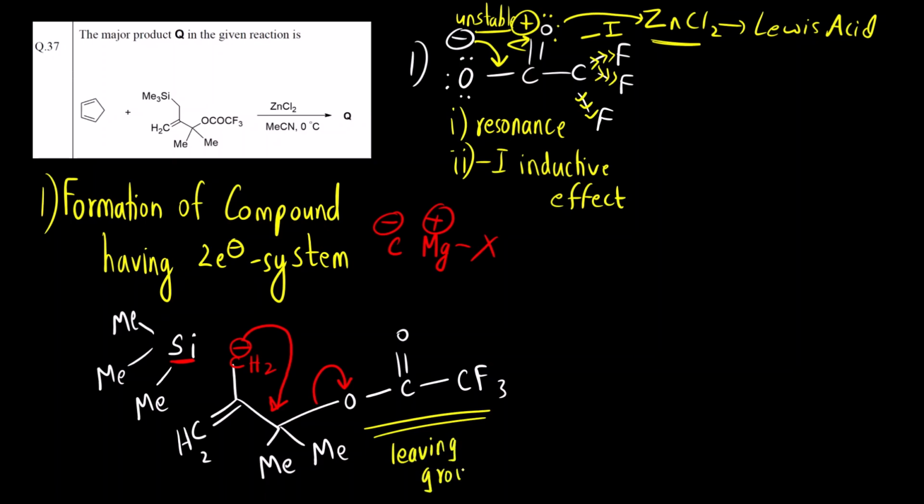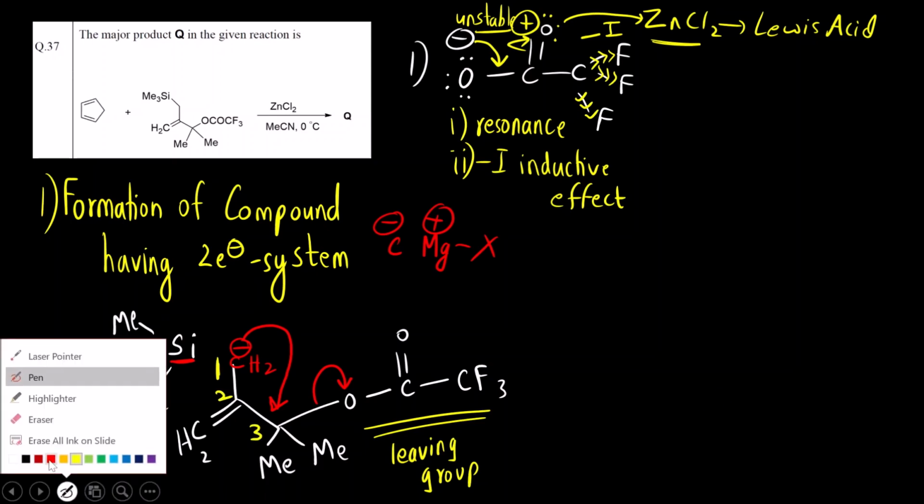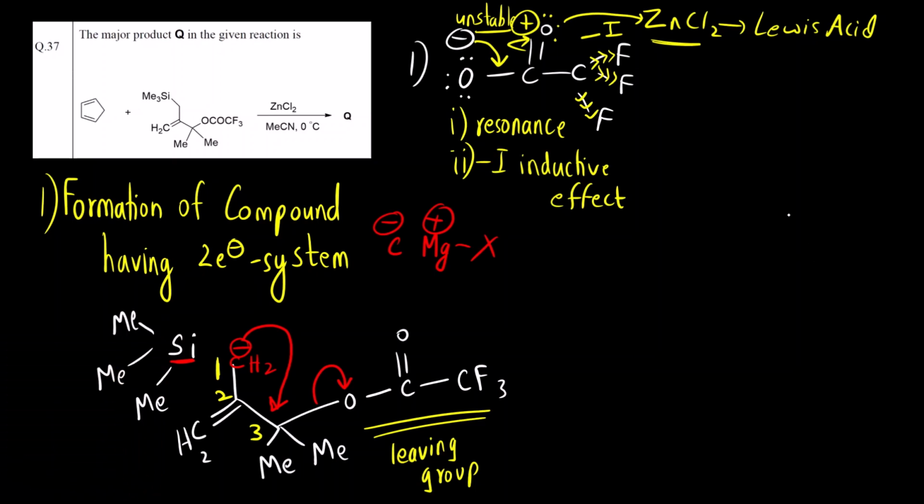After the loss of this leaving group, you can see 1, 2 and 3, so there will be a formation of a 3-membered ring. What I've got is CH2, here I have double bond CH2, then a carbon having 2 methyl groups, like this.